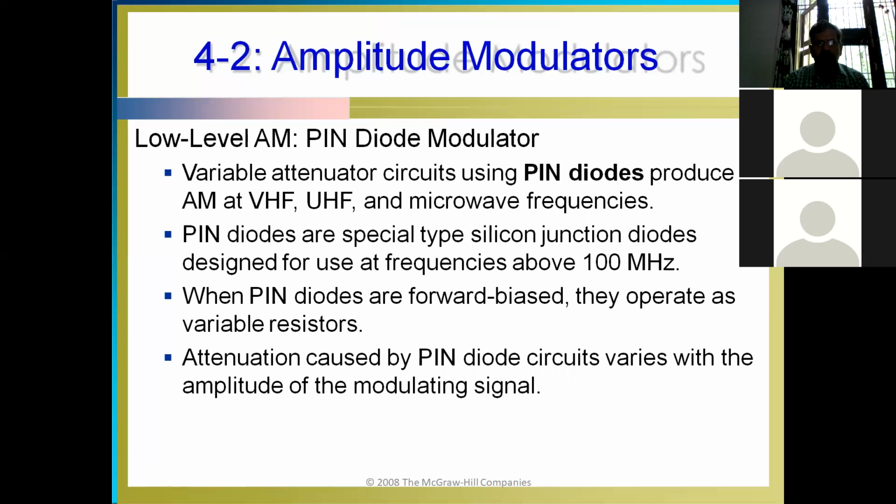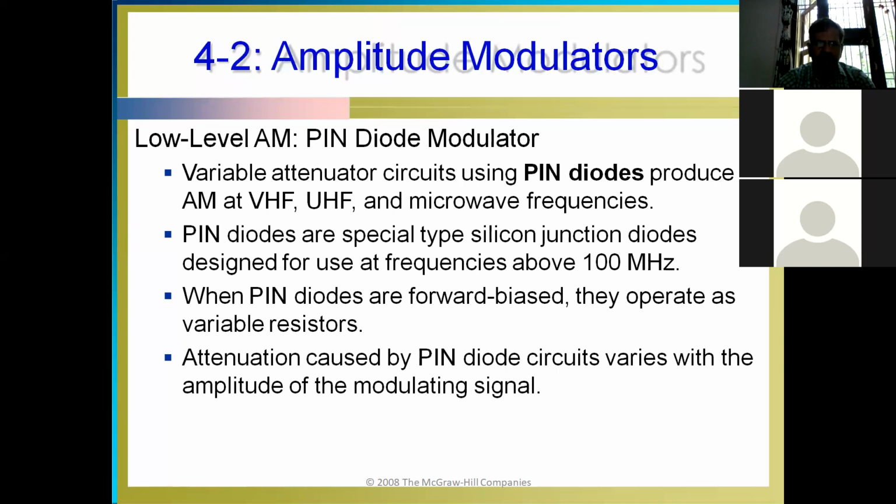PIN diodes are a special type of silicon junction diode designed for use at frequencies above 100 megahertz. In a PIN diode, there is a p-type semiconductor and an n-type semiconductor, and an intrinsic semiconductor is sandwiched between them.